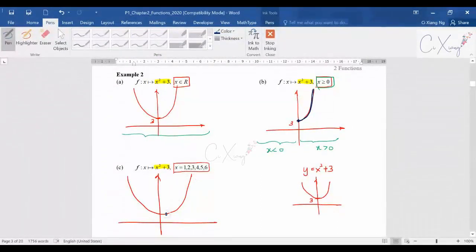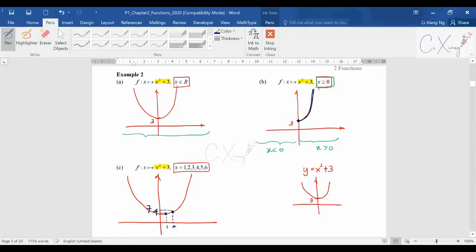Maybe 1 is here. When you put 1 into the function, you have 4. After that, they want you to consider 2. Let's say this point is 2, and the value here will be 7.